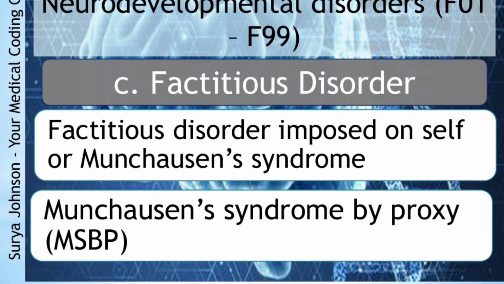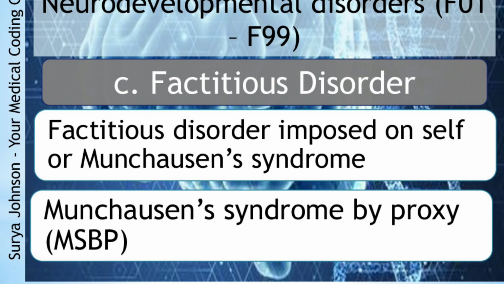So if the false report by the proxy or the caregiver is confirmed, you will be coding T74 as an abuse. If it is not confirmed but the provider is suspecting that the reports given or the things spoken by the caregiver about this patient are false, you will be coding T76.